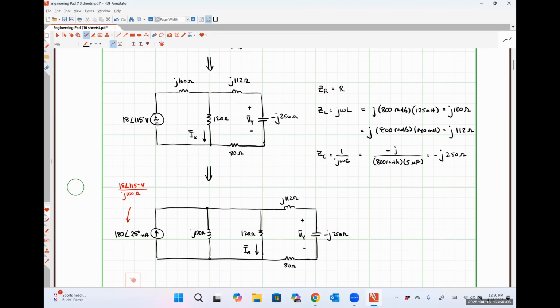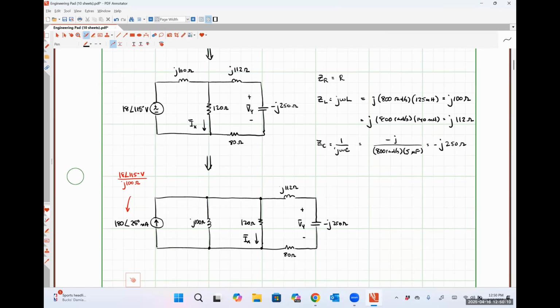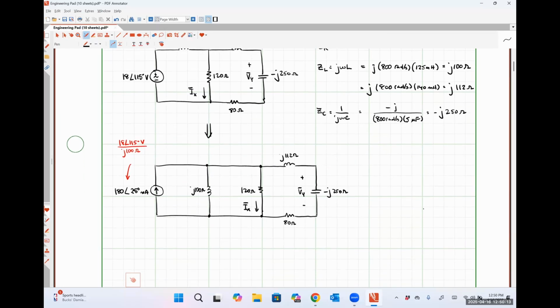So now that we have this particular system, I personally would probably use current division to find the current Ix.